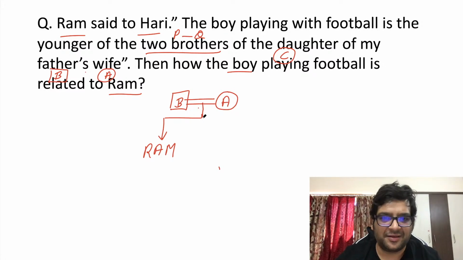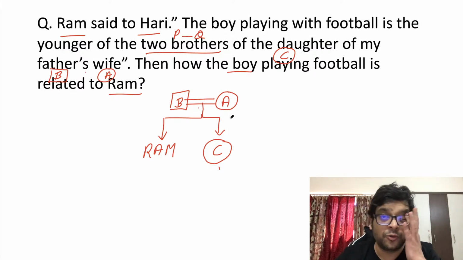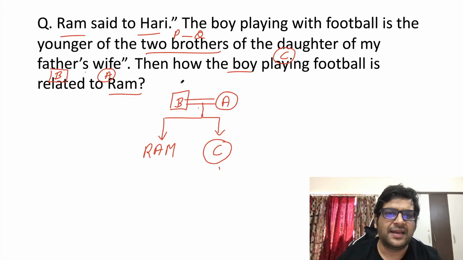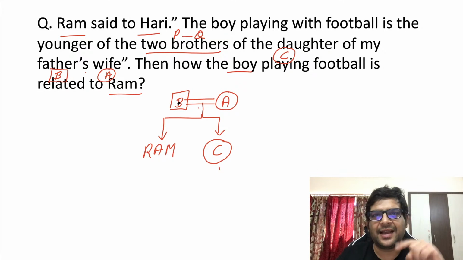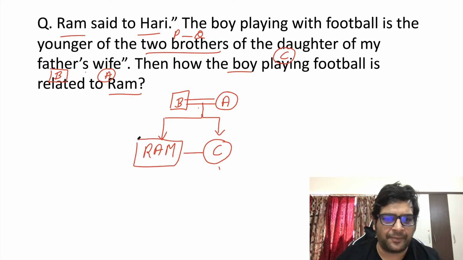Of the daughter, that means C is the daughter, and then P and Q are the two brothers, and we want the younger of them. Now there are two possibilities that you should be prepared for. If Ram is pointing and he's saying that he is the brother, it is possible that one brother is Ram and the other brother is the younger brother, let's say P.